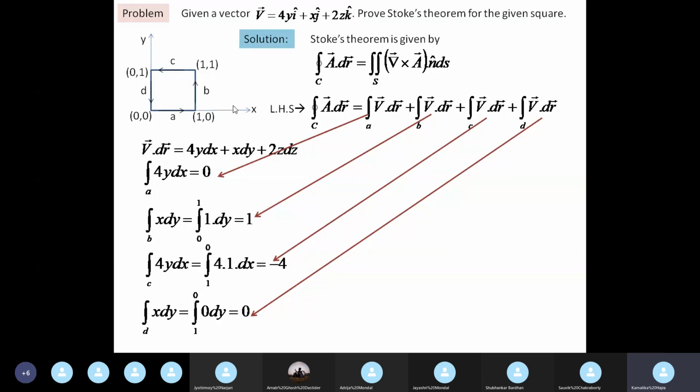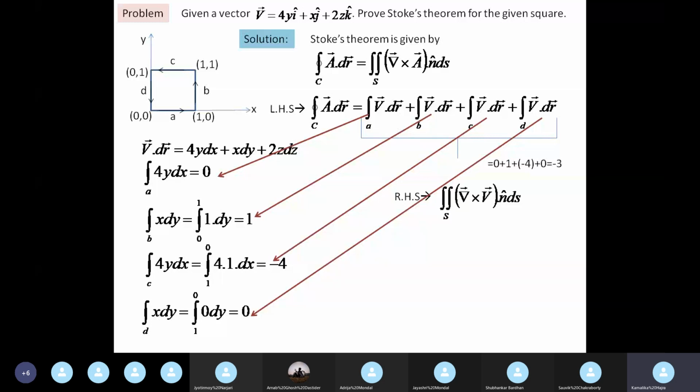So dx is 0. We are only left with x dy. But the value of x along this line is 0. So this is 0. So these are the 4 values we get. The closed line integral becomes 0 plus 1 minus 4 plus 0, which equals minus 3.